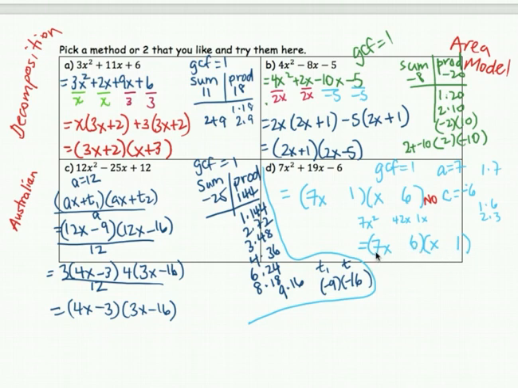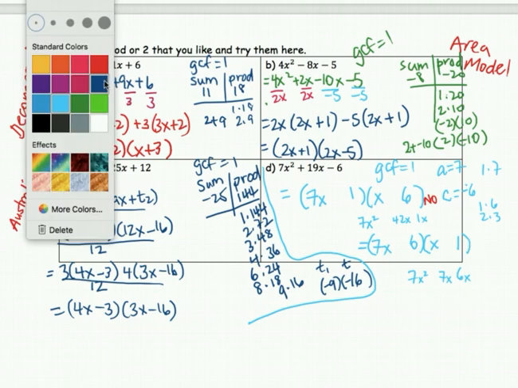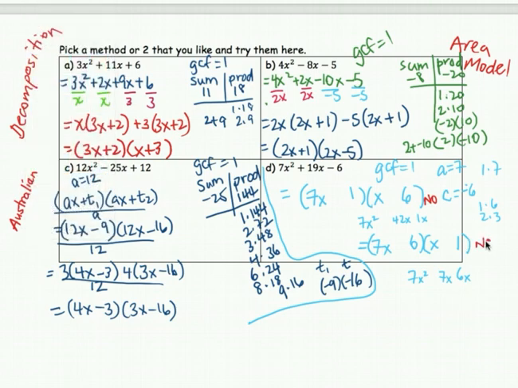So again, 7 times x is 7x squared. Okay, so in your head you're like, okay, that one's good. All right, so now outer, it's 7x. Okay, inner, 6x. And then we don't have to do the last one, you know already. These will not add or subtract to 19. So again, this one's a no. Okay, so let's move on to another guess and check.